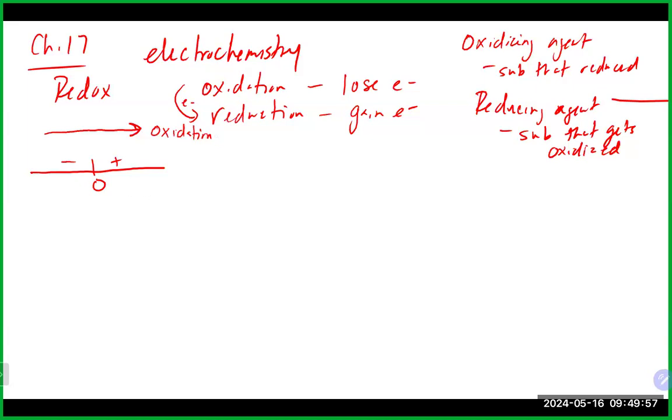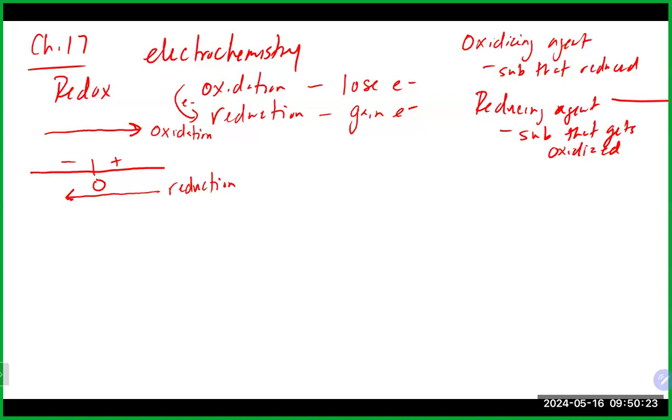Again, if it's moving to the left on the number line, becoming more negative, that guy is going through reduction. So that's a very simple way to figure out what is being oxidized, what is being reduced. Again, being able to assign oxidation numbers is really important, so you can figure these things out, which will be important in what we're going to talk about here today as well.